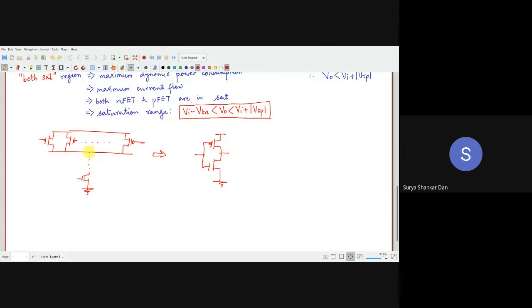So let us say this is an M input NAND gate. If I convert it like this, what is the significance of it?